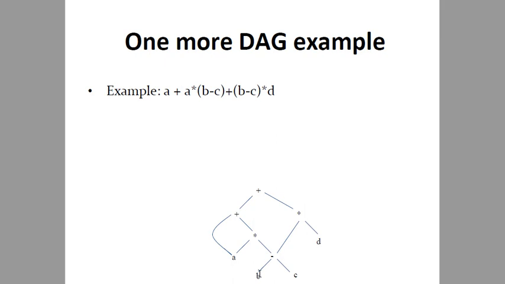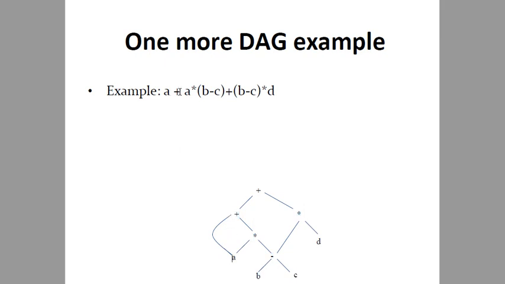So for this portion, a into b minus c, and for this portion, b minus c into d. Now we have A 2 times, but we take only one node for A. That is why A has one more edge, this one.